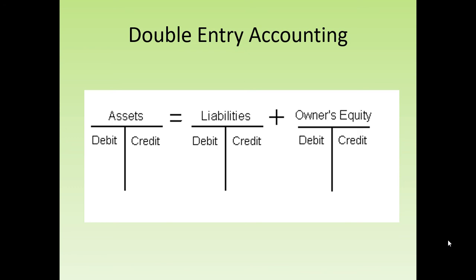So if you sold everything that the business owns and you paid off everything they owe, the difference will be what the owners then will walk away with. All right? And as long as that's positive, the business is solvent. If that's negative, the business is insolvent and is legally required to cease trading. Now, where it gets a little bit confusing with double entry is the difference between the debits and credits.